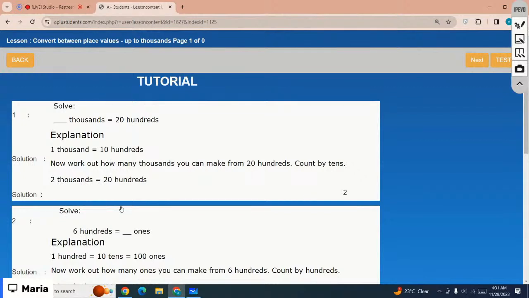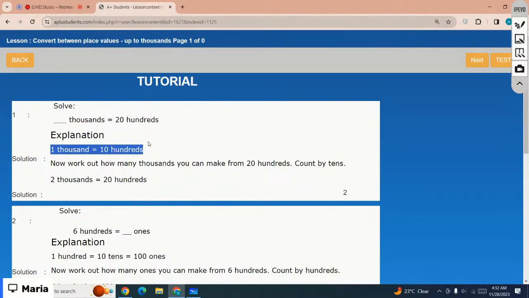Solve: how many thousands equal 20 hundreds? Basically, you are converting from one place value to another, right? You need to see 20 hundreds equal how many thousands, right? So you have to see in 1000 how many hundreds you have. In 1000 you have 10 hundreds.